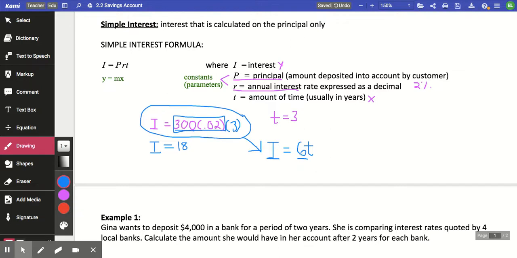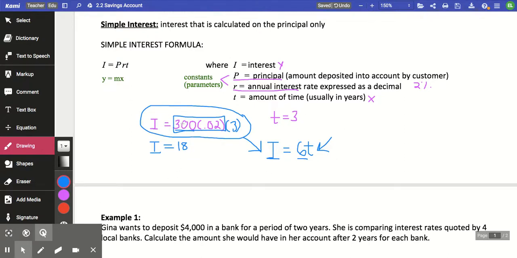But again, that 6 comes from taking the principal multiplied by the annual interest rate. And as you can see, this is an example of a linear function: our rate of change is 6. Technically, our initial value in this case is 0 since you aren't earning any interest when you create the account, but it is growing by $6 per year.